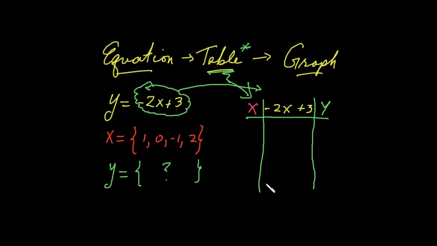And now we're ready to use the values to generate some output elements. All right, let's list the x values, the domain elements, there at this point. Let's go with 1, 0, negative 1, and 2. Now you could put them in numerical order, that's not necessary. Then we're going to use this rule to generate the y values and see what happens when these domain elements go into the function.